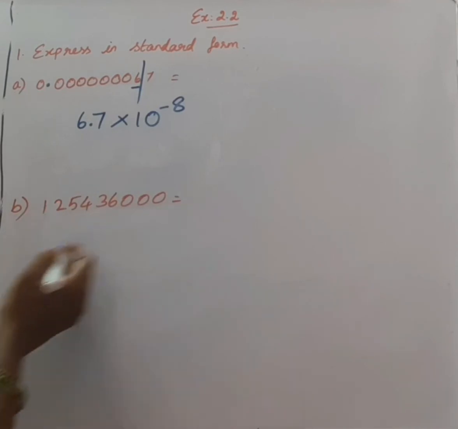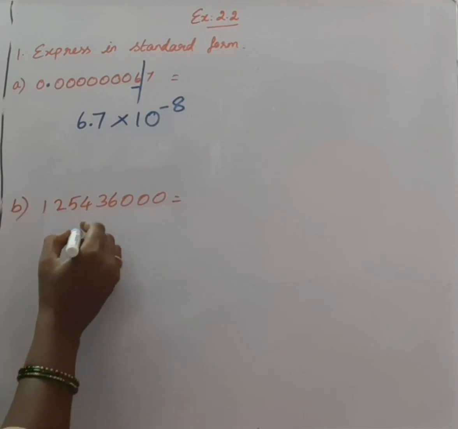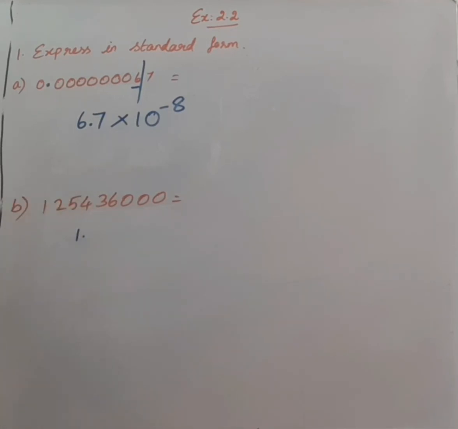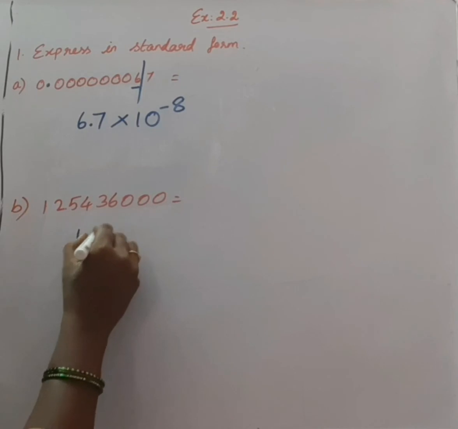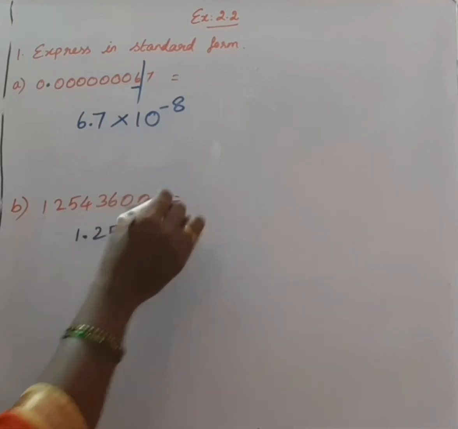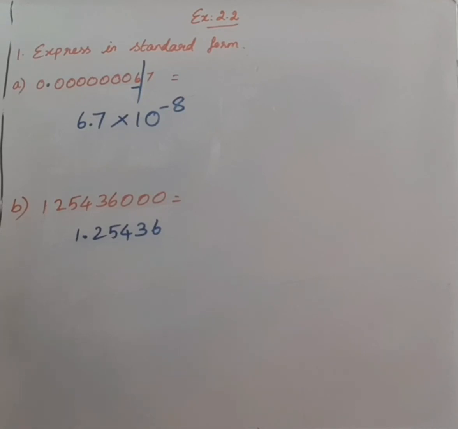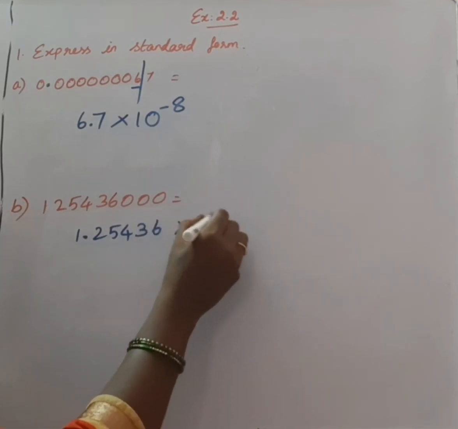Same as here. Here also, see from the left hand side, which is the first number here? Very good. 1 is the first number. So 1 must be in the integral part. The remaining numbers we want to write as such. So 1.2543, the zeros have no value, so we leave them. After the decimal place means into 10 power.